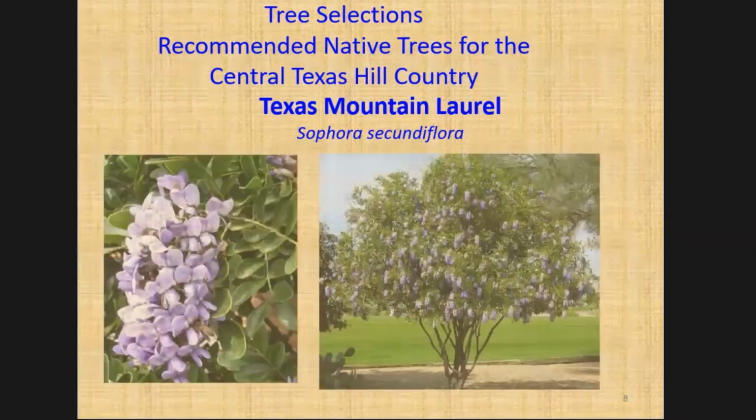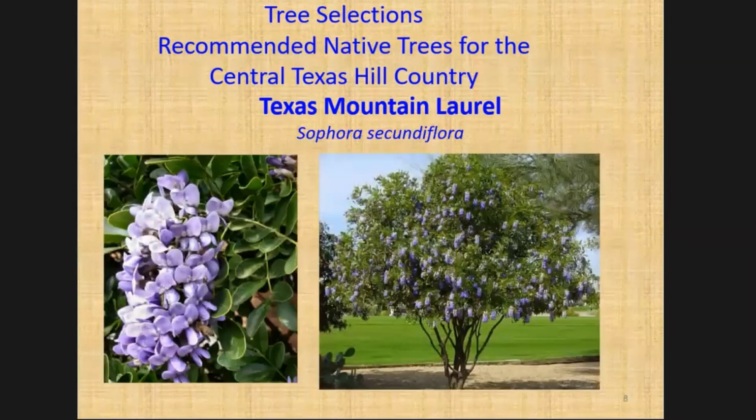First tree we're going to talk about is the Texas mountain laurel. This is an evergreen tree, and it's noted mostly for its spring flowers, which smell like grape soda or grape bubble gum. Here are the flowers.